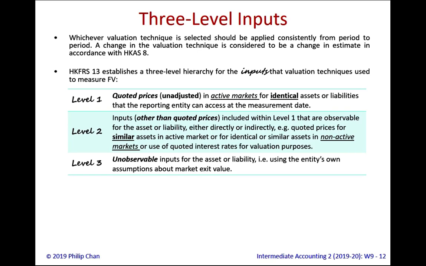Level 1 and level 2 are slightly different, as you can see. Sometimes those inputs could be quoted prices or inputs that you can obtain within the market, but they are for similar assets in an active market, or for identical or similar assets within non-active markets, or even just an interest rate to be used to measure your assets.